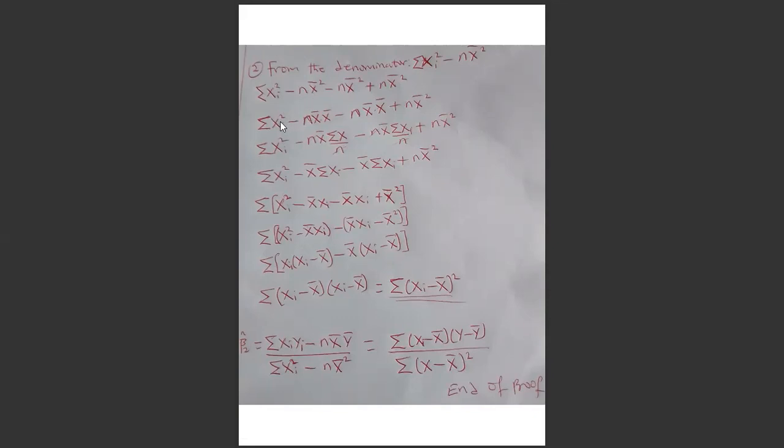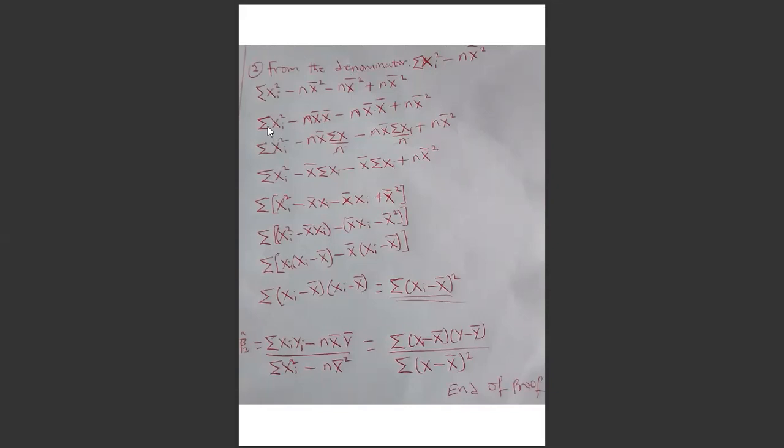So we write this as summation x squared minus n. We can see that x bar squared is equivalent to x bar times x bar, so this n x bar squared is equivalent to this component. So we have minus n x bar squared, and since x bar squared is x bar multiplied by x bar, plus n x bar squared.